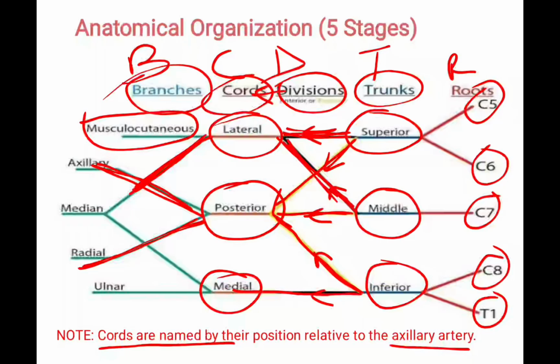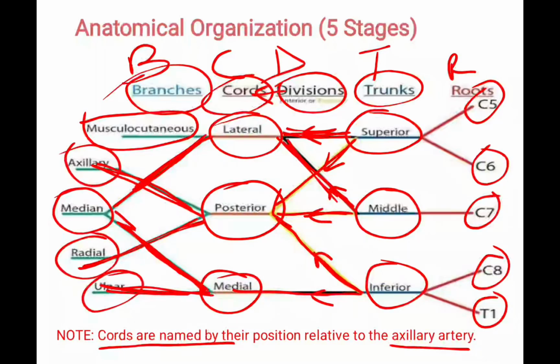The medial cord gives rise to the ulnar nerve as well as a contribution to the median nerve. So the median nerve is formed by a contribution from the lateral cord and a contribution from the medial cord. So we have the musculocutaneous nerve, the axillary nerve, the median nerve, the radial nerve, and the ulnar nerve.